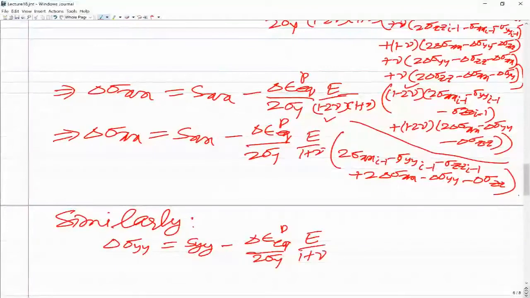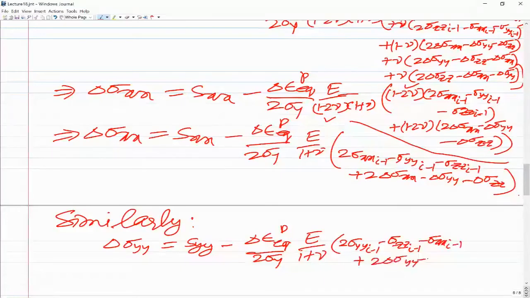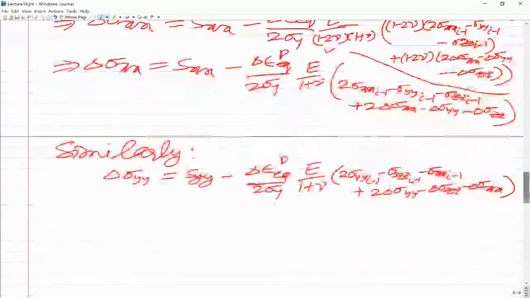It would be in the same form: twice of sigma yy at i minus 1 minus sigma zz at i minus 1 minus sigma xx at i minus 1 plus twice of delta sigma yy minus delta sigma zz minus delta sigma xx. So the expressions for these incremental stresses come out in a simpler form.